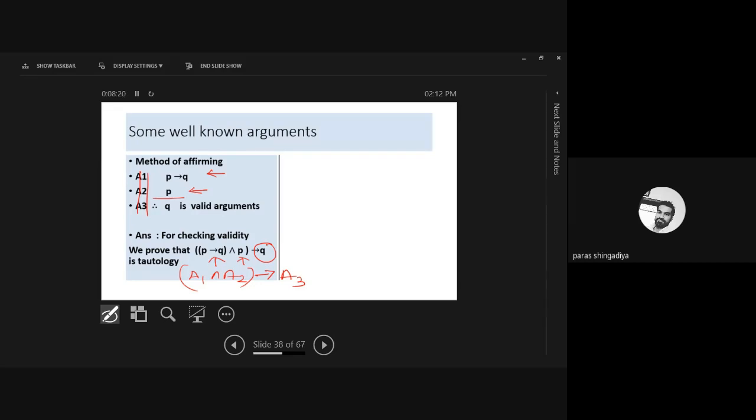Right now it is already valid, therefore it is called a well-known argument, but we'll verify it.